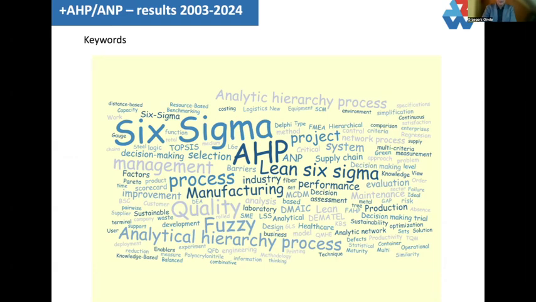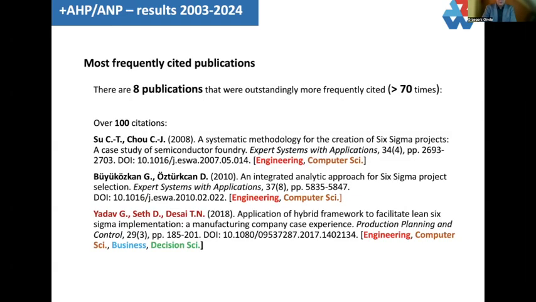There are also some most frequently cited publications which show that the dominant areas of Six Sigma application are engineering, computer science, business, management, and decision sciences.